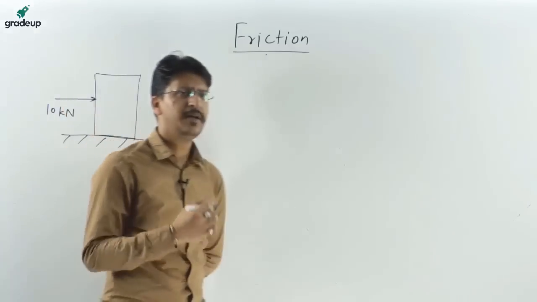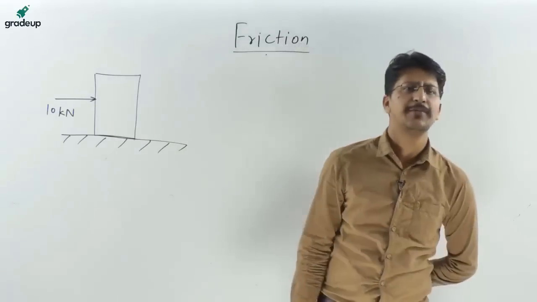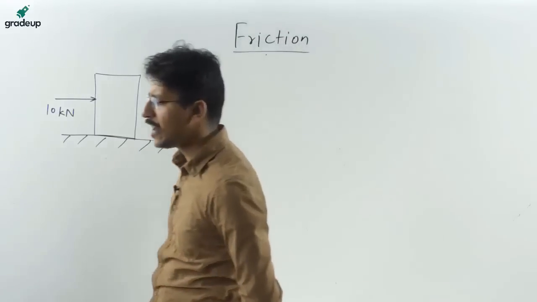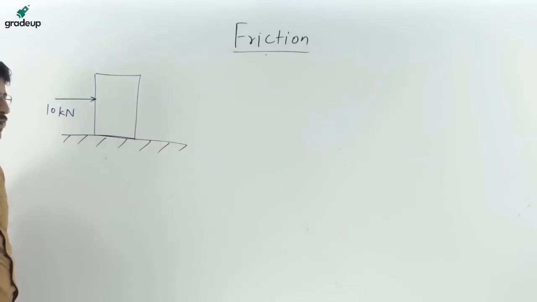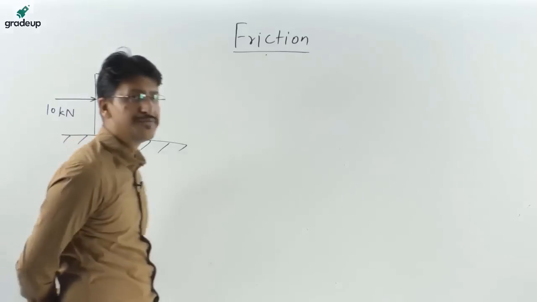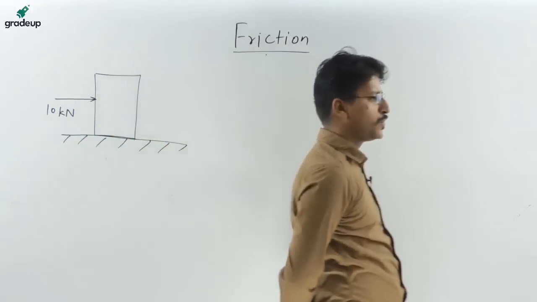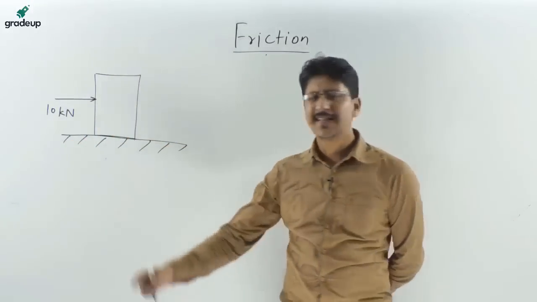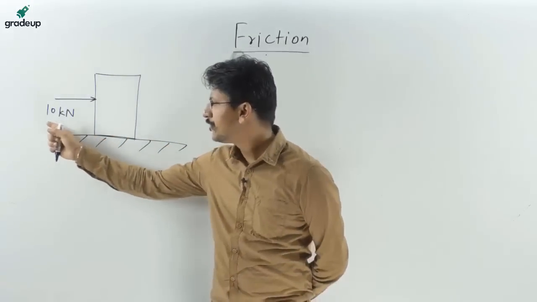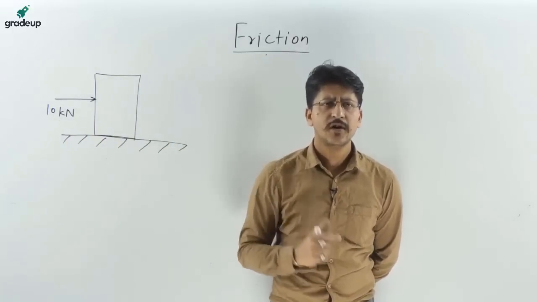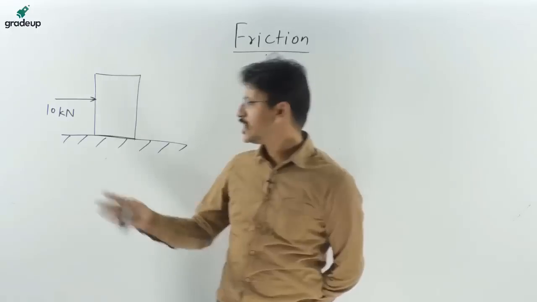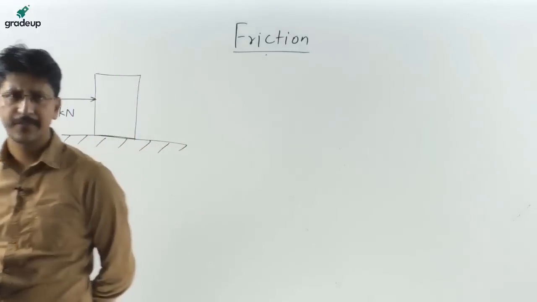This is a heavy box kept on the floor, and we are applying a force of 10 kilonewton here, but this box doesn't move. So where is that 10 kilonewton of force that we are applying on the box going? Because there is no displacement.